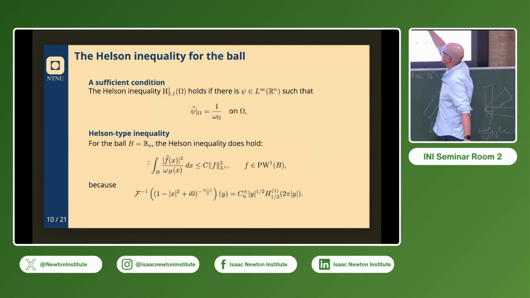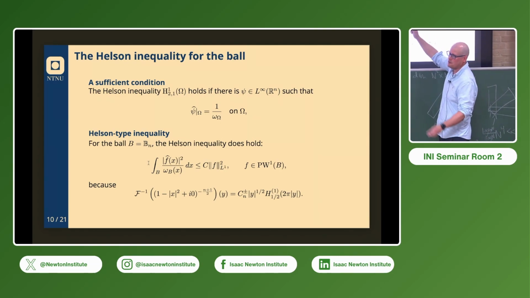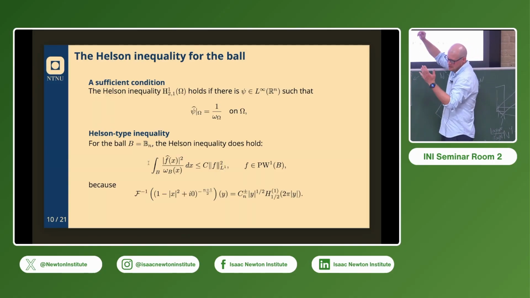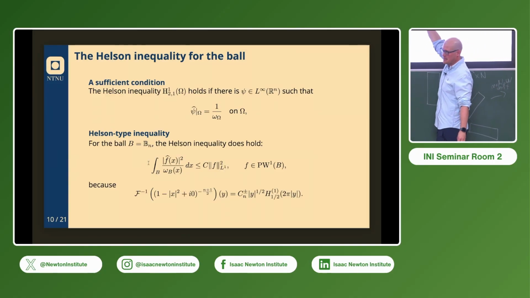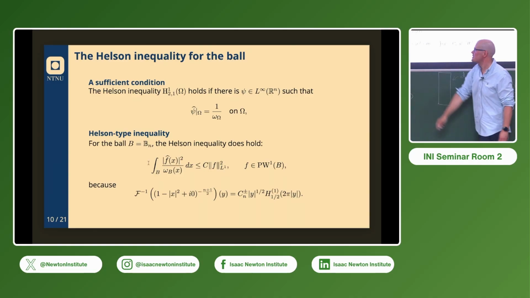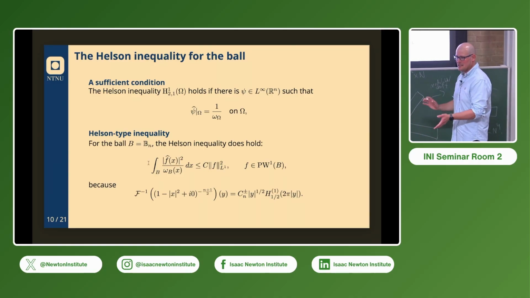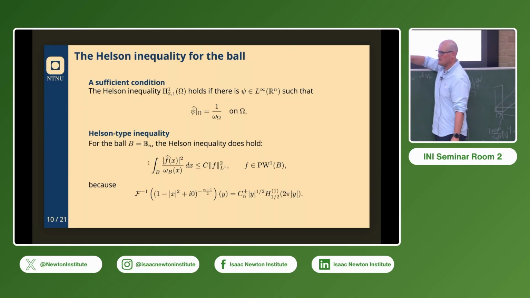If there is a c that is a bounded function and its Fourier transform is some wild distribution, possibly, but inside omega it coincides with 1 over your weight, then you would have the Helson inequality by the same argument that I wrote before.